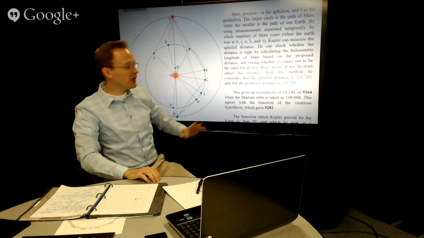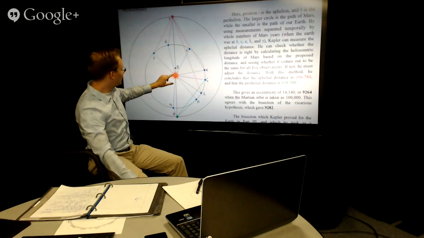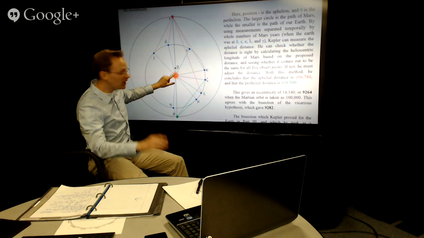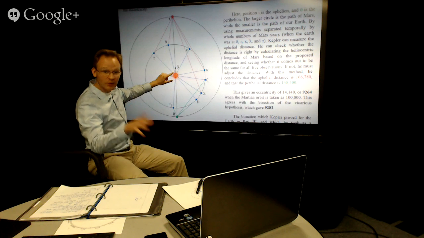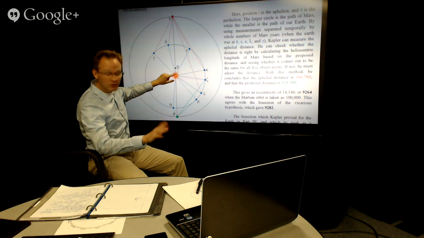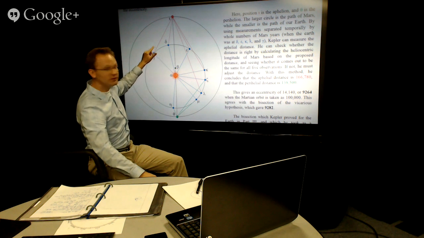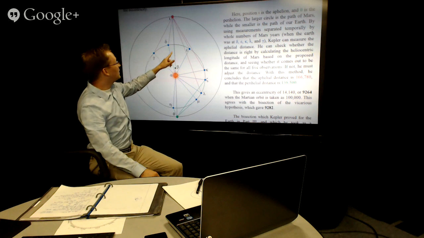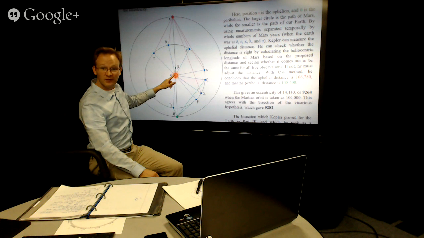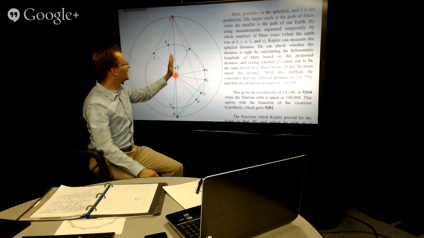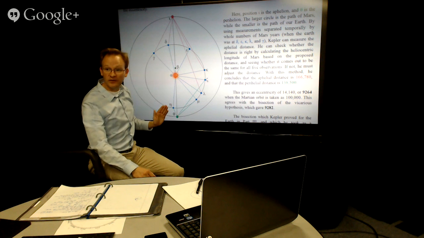He says in each triangle, just to say it one more time, he knows the Earth-Sun distance from his own work. He doesn't take that from Tycho, because he changes that in part 3. He has this distance, feels very comfortable with that. He has this angle, feels very confident in that. If you then assume a certain length for this, you'll be able to calculate this angle, which means you'll be able to calculate the direction that Mars is in.